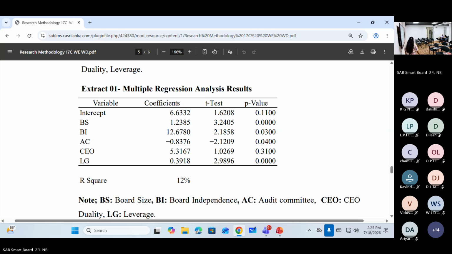The p-value should be less than 0.05 or else 1%. If the p-value is lower, then every such variable has a significant relationship with the dependent variable. Right? This is the basic idea regarding regression analysis.